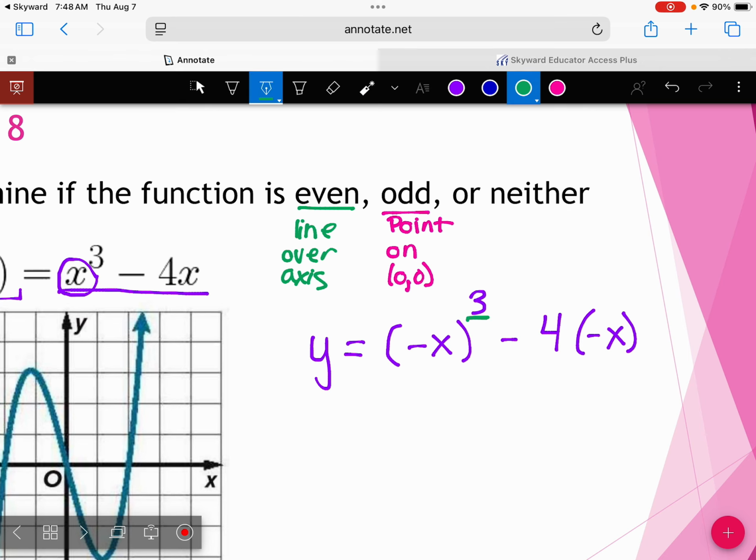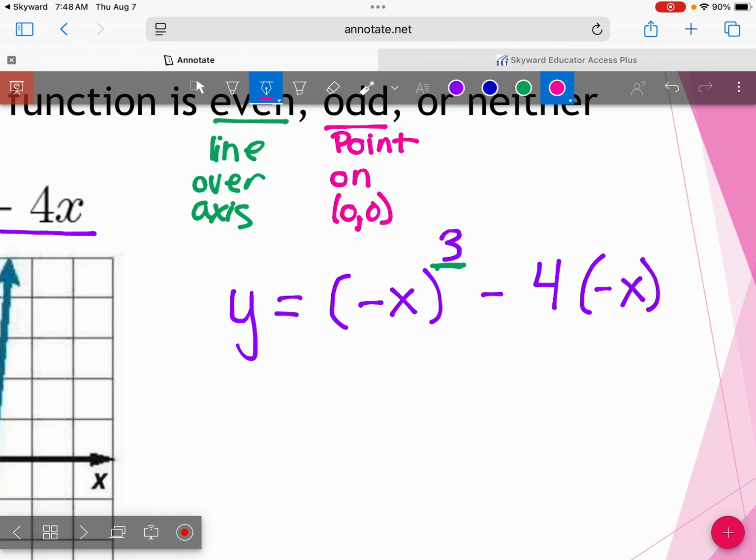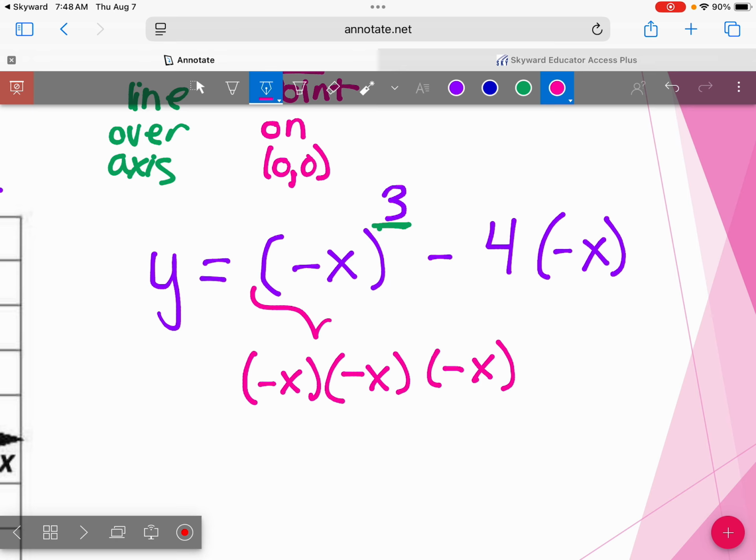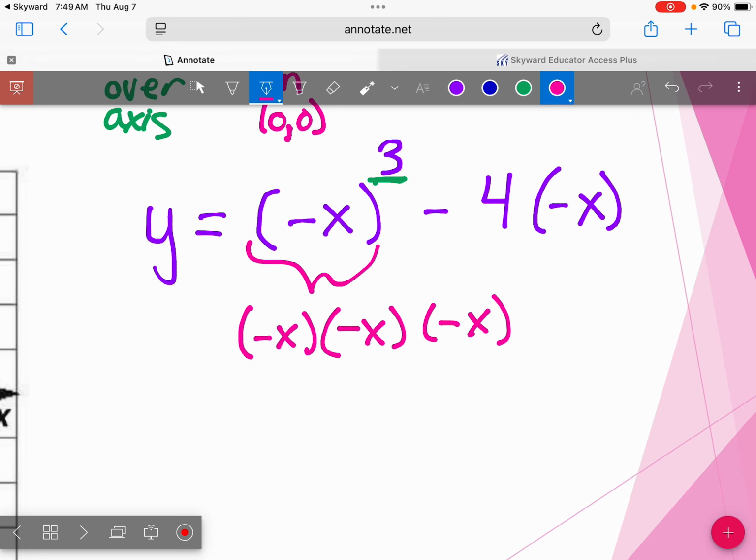What this means is to multiply by itself 3 times. So if I write this out as minus x times minus x times minus x, that's what this guy turns into. Are we going to wind up with something that is positive, or something that's negative? A negative times a negative times a negative.